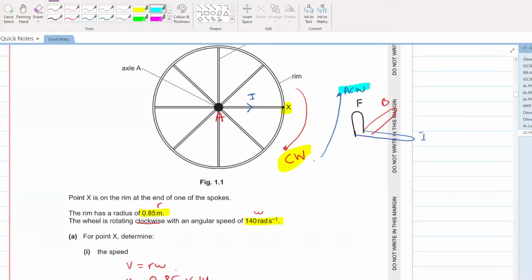If you have an anti-clockwise motion, your force is pointing upwards. Your magnetic flux density is into the page. If you apply Fleming's left hand rule, current क्या आएगा? Towards the right. Your current is flowing from A to X. अब आगे बात समझ में आई भाई? Yes or no?